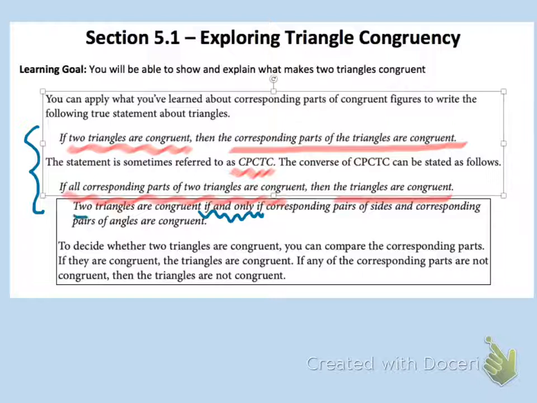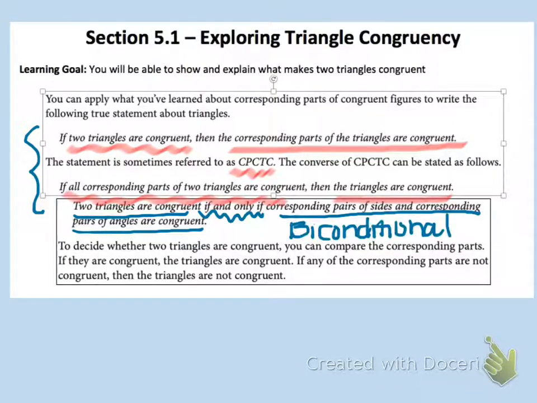Two triangles are congruent if and only if corresponding pairs of sides and corresponding pairs of angles are congruent. So again, the if and only if sounds really strong, right? This is the only way it's true. That's a way we'll state a theorem when it works both ways, and we call that biconditional, meaning that the statement is true both directions.